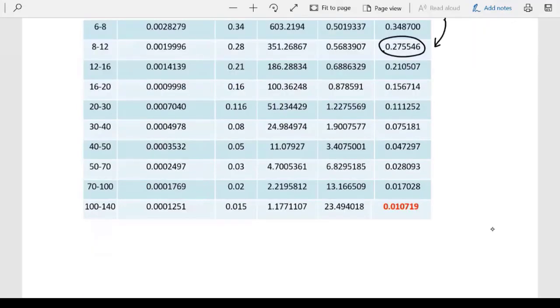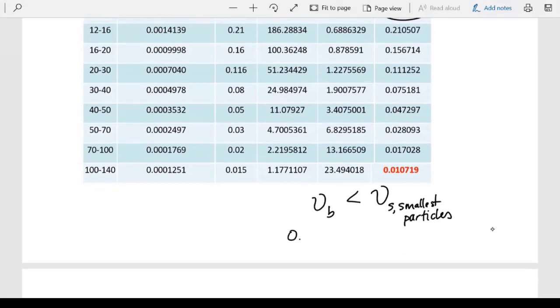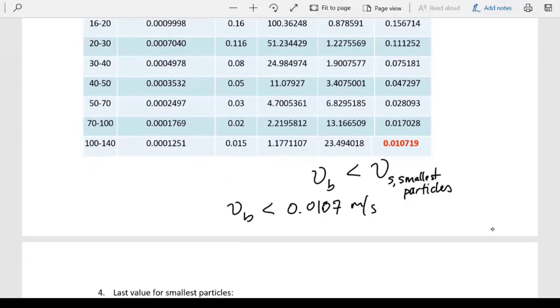Now, we said that we need our backwash velocity to be less than the terminal settling velocity of the smallest particles, which means that our backwash velocity has to be less than 0.0107 meters per second.